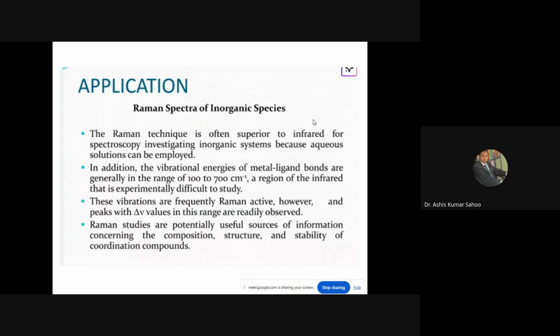These vibrations are frequently Raman active, and such Raman shifts are readily observed. Raman studies are potentially very useful sources of information concerning the composition, structure, and stability of coordination compounds.